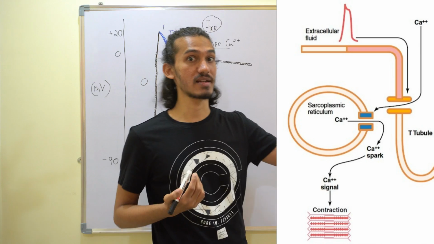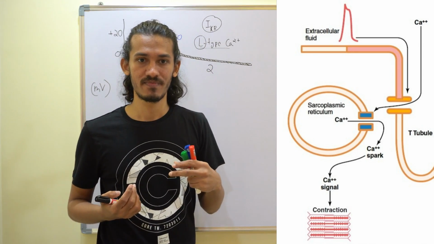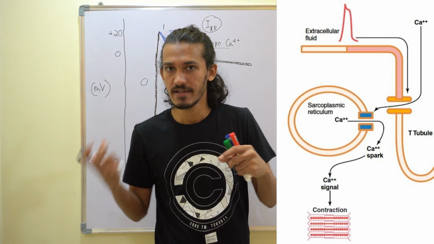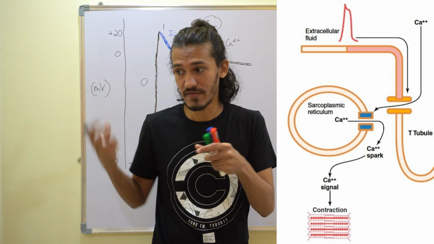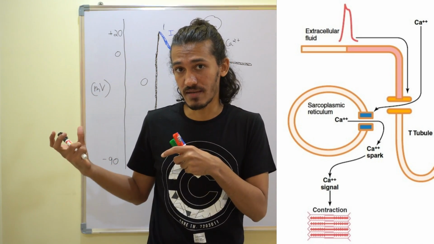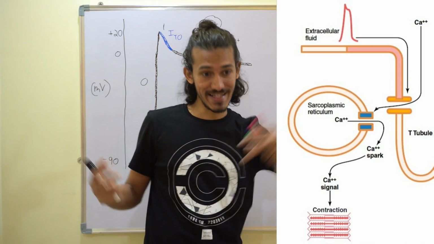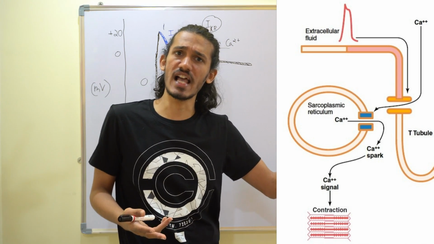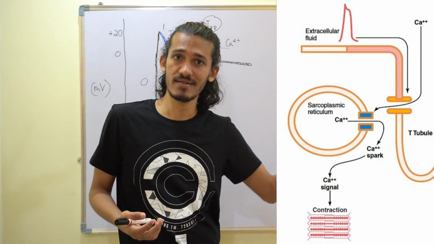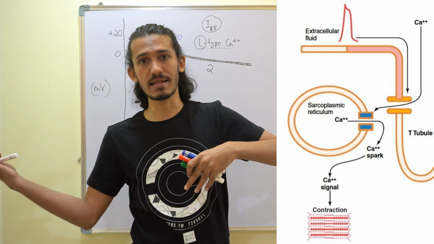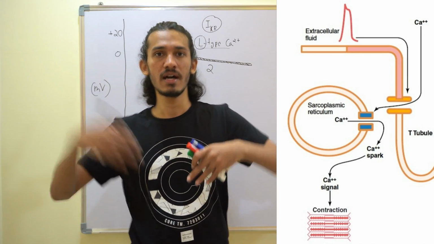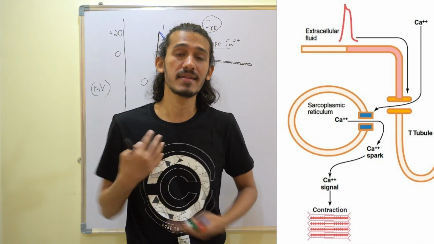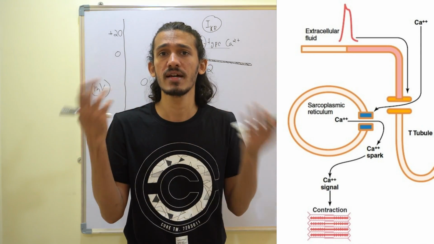So extracellular fluid calcium will come in, and this calcium will activate another set of channels from the sarcoplasmic reticulum, right? So a calcium induced calcium release is there. So basically extracellular fluid calcium is needed, and based on that, the intracellular source of calcium is also released. So ultimately all this calcium will go and start the excitation contraction coupling.